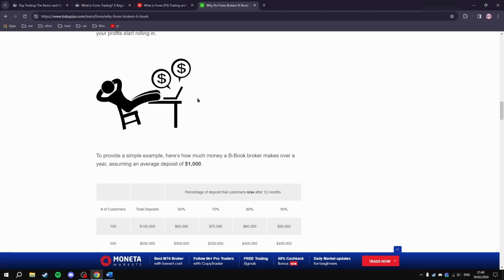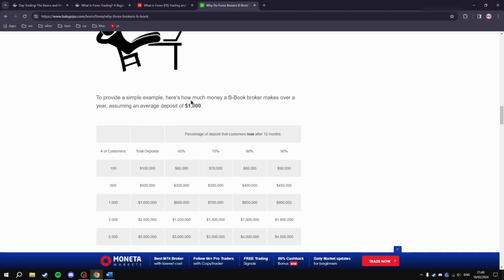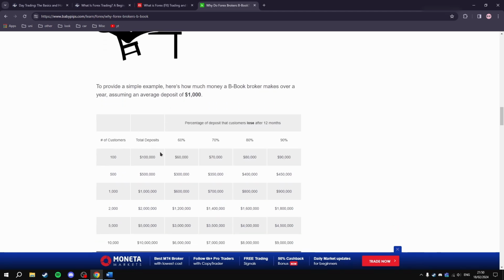To provide a simple example, here's how much money a B-book broker makes over a year, assuming an average deposit of 1,000. So if you've got 100 customers, total deposit 100,000, percentage of deposit that customers lose after 12 months. And this is every year, isn't it?